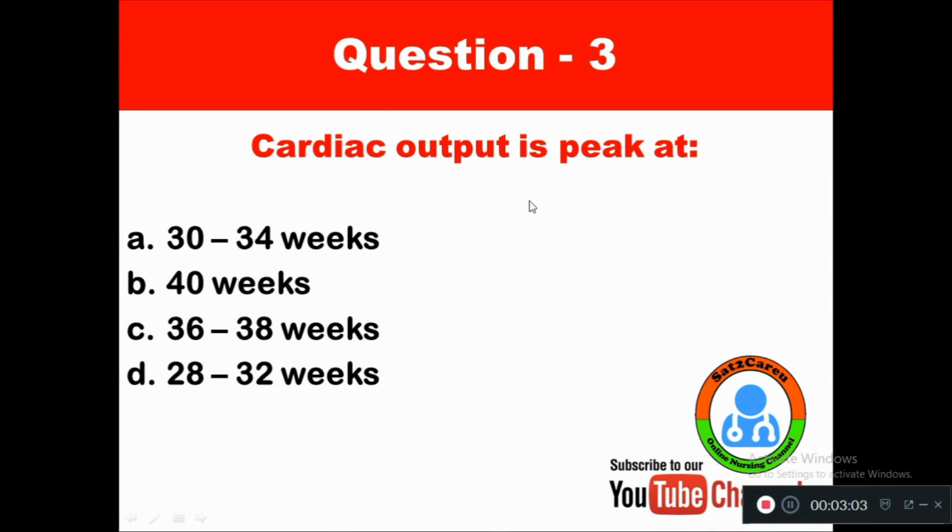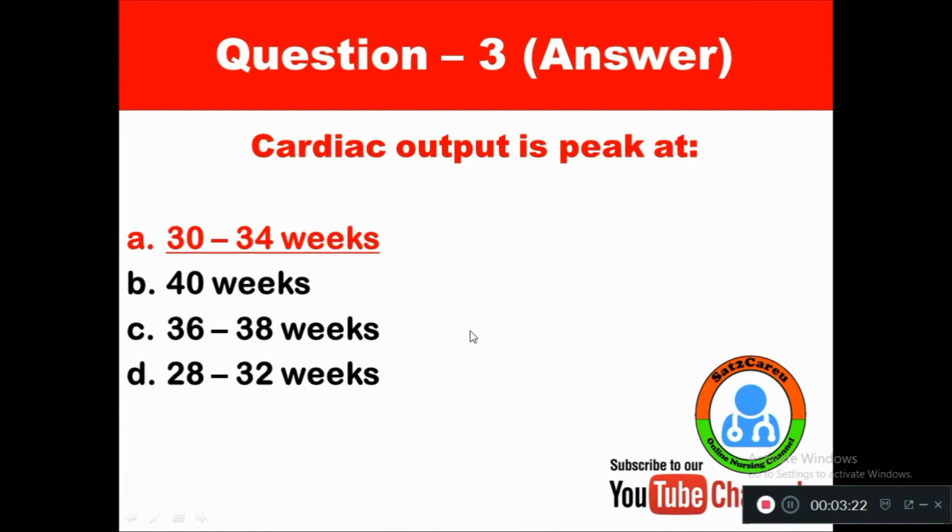Question number 3. Cardiac output peaks at: option A, 30 to 34 weeks of gestation; option B, 40 weeks of gestation; C, 36 to 38 weeks of gestation; D, 28 to 32 weeks. The right answer: cardiac output peaks at 30 to 34 weeks of gestation.